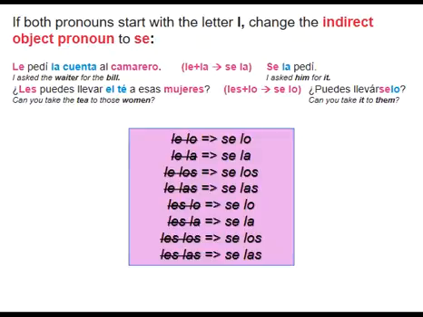So we're going to change it to se lo. ¿Puedes llevárselo? And same thing every time you have le plus a direct object starting with L. Okay, here you have all the cases that you can find.